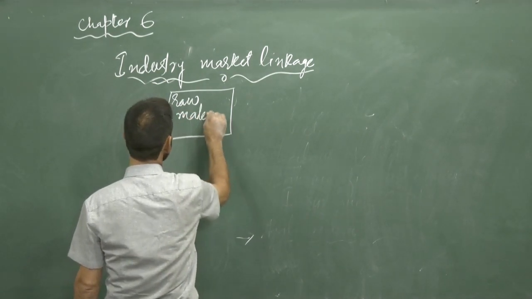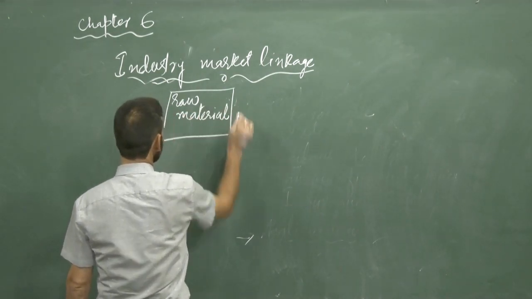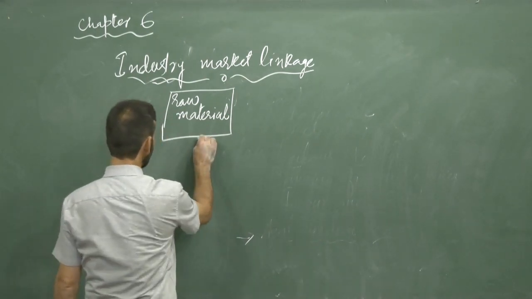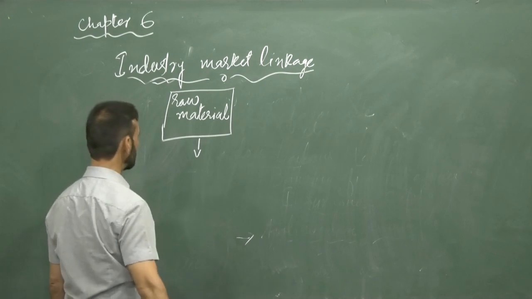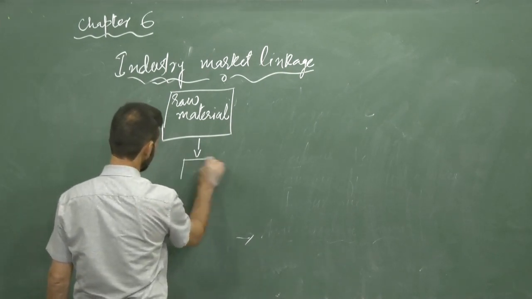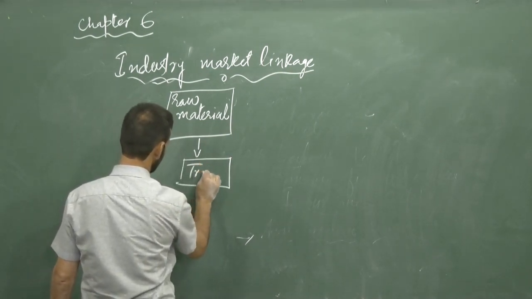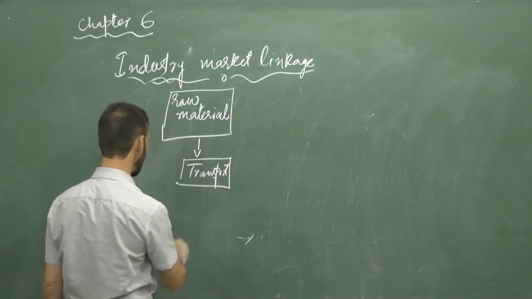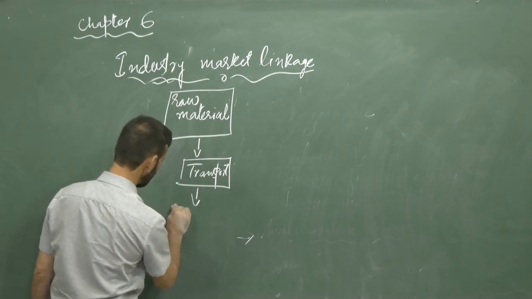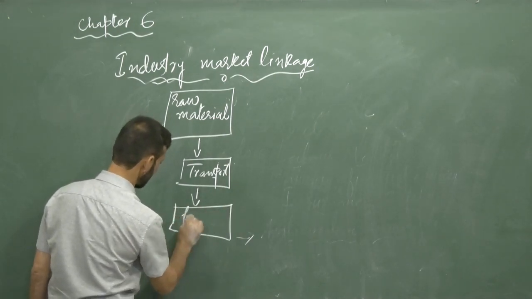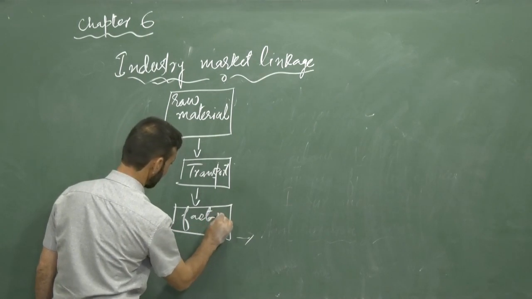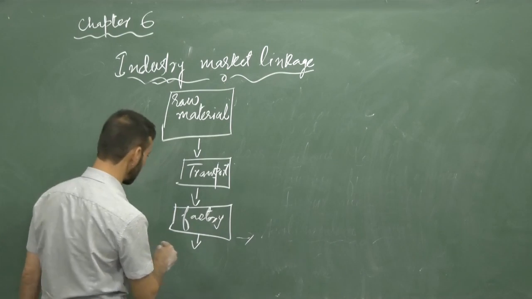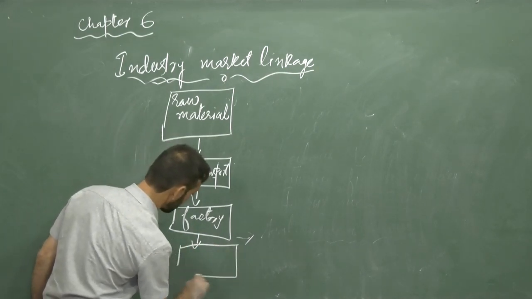Raw material is the most important thing through which an industry can run. This raw material is transported to the industry, so transport facility should be there. The factory will convert this raw material into valuable goods or finished goods.